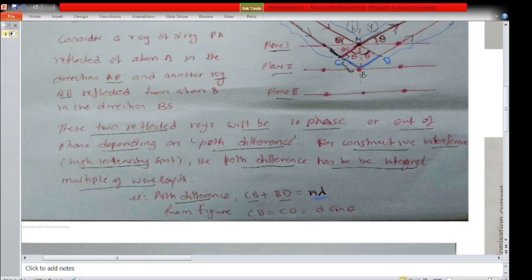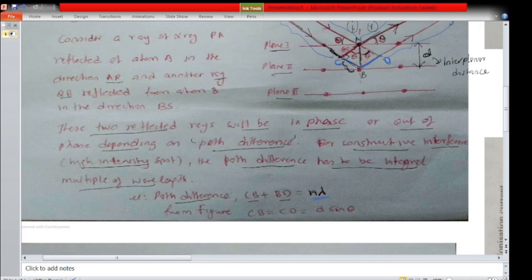So CB is, let us consider this distance, the distance between the planes, that is d, the interplanar distance. What is interplanar distance? Interplanar distance means the distance between each plane in the crystal. So that distance is d, this one which is d. And this part is CB.